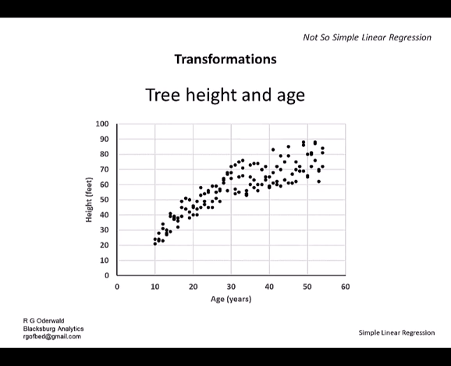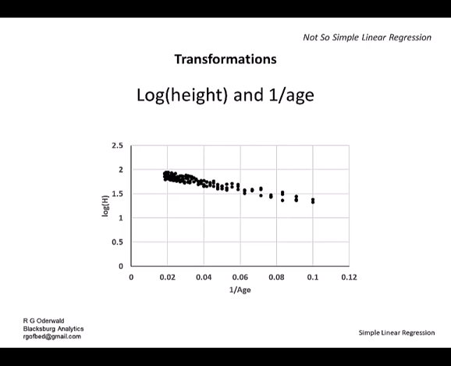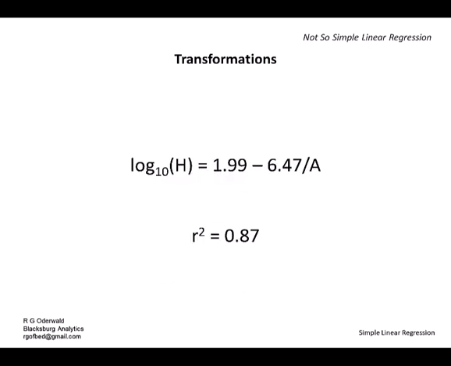We still have the rapid increase near the inflection point and growth slowing at older ages. The transformation of log of height and the reciprocal of age linearizes the relationship. Base 10 logs are used in this example. The regression equation for the transformed data has an R-square of 0.87.